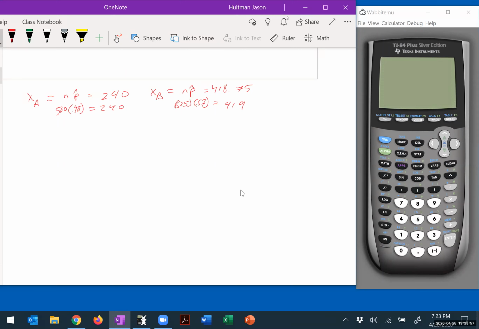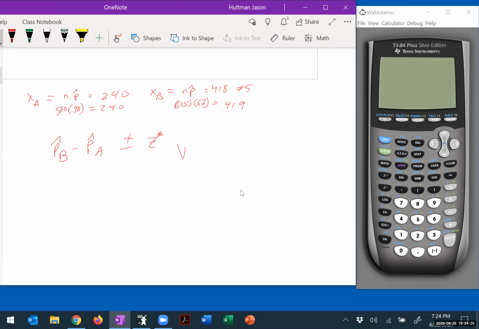Here we're going to get p hat b minus p hat a plus or minus z star times the standard error, right? So what is the standard error for this?